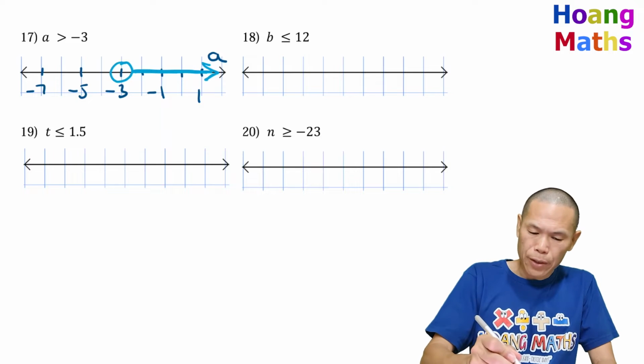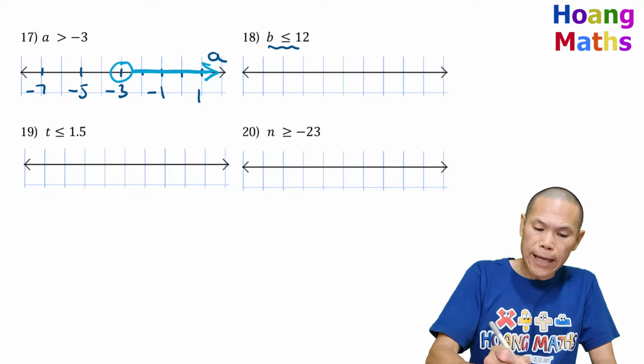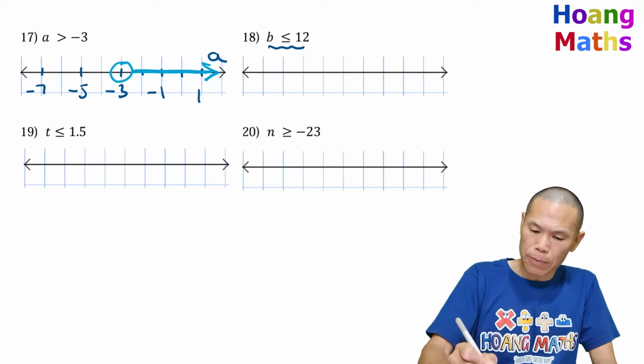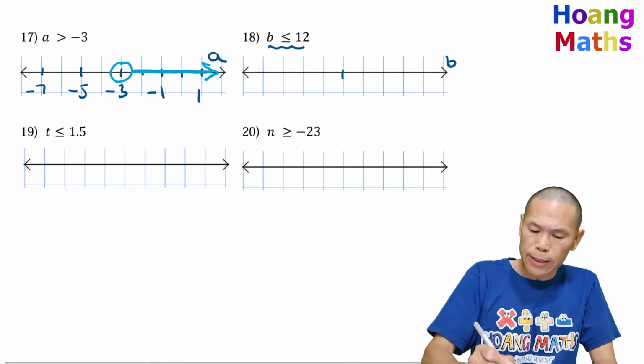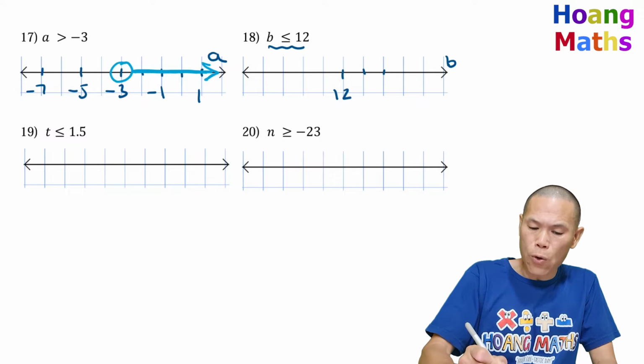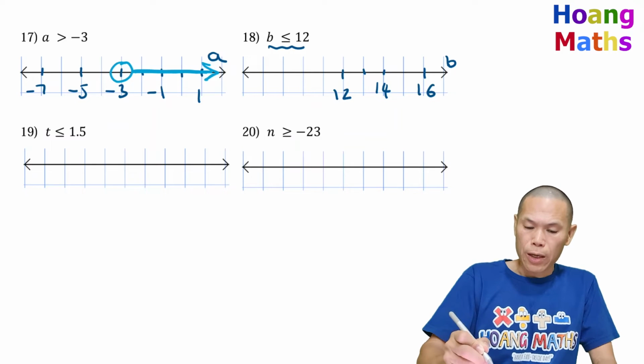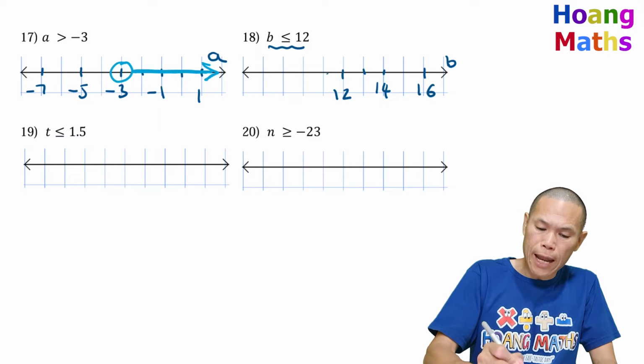Number 18. B is less than 12. Let me just label B here, and then we start 12 here somewhere. On the right-hand side, 13, 14, 15, 16. Now on the left-hand side, 11, 10, 9, 8.